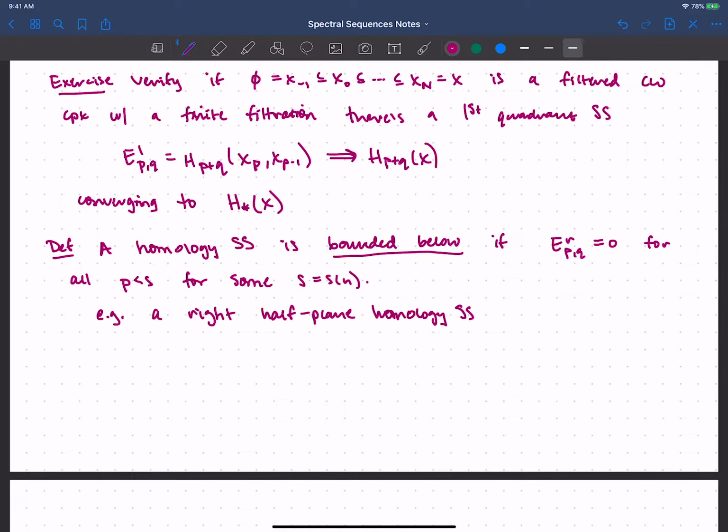Okay, so this isn't going to be bounded, but I want to imagine I have non-zero stuff only on the right half plane. And if I look at some spot, then eventually my differentials, remember my differentials go to the left and up here for the homology spectral sequence. And so eventually they'll get over into this other side where I have a bunch of zeros.